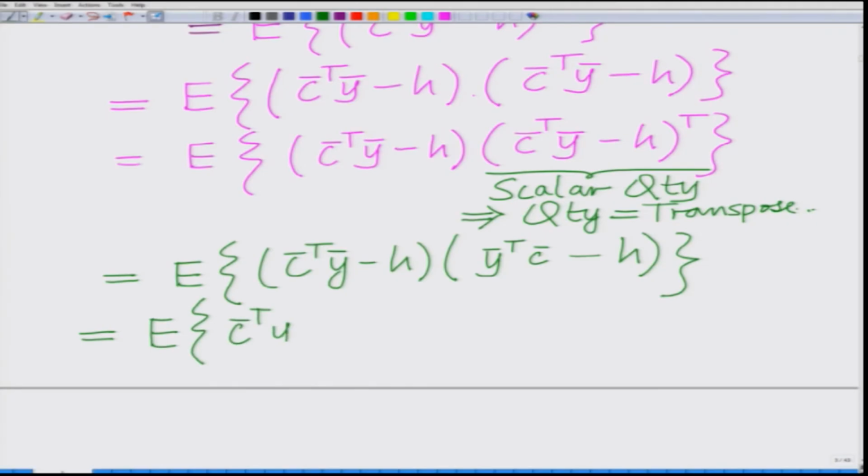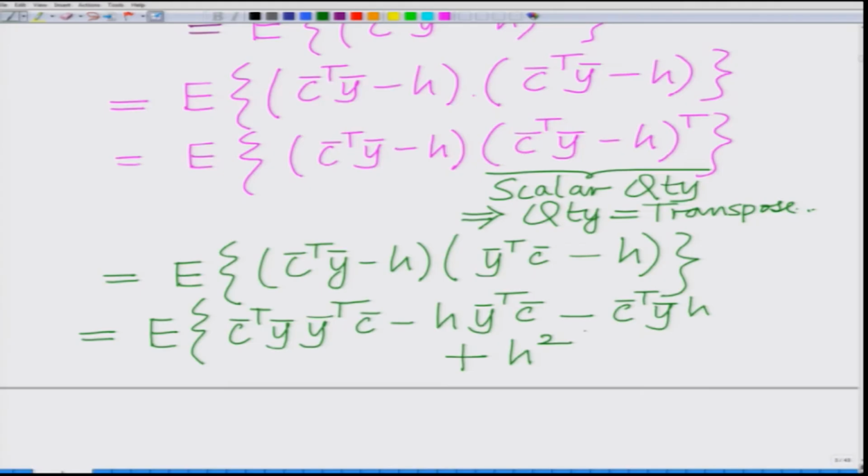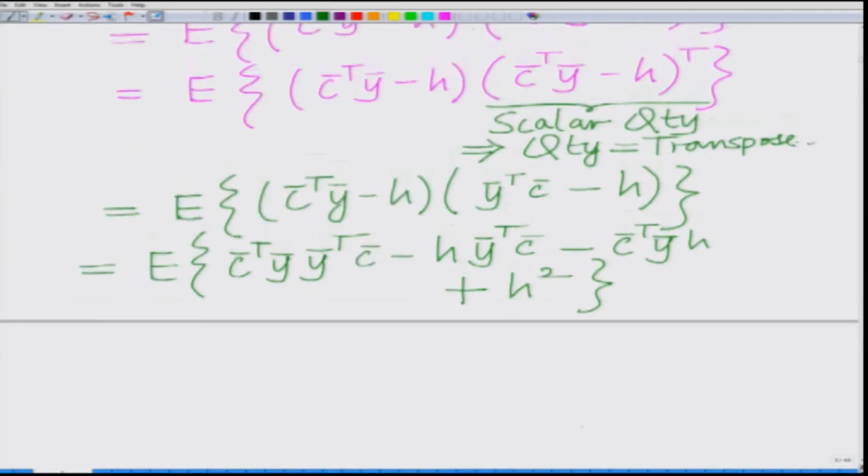This is C bar transpose y bar into y bar transpose C bar, minus H y bar transpose C bar, minus C bar transpose y bar into H, plus H into H. H is a scalar quantity, so I can simply write it as H square. Okay.